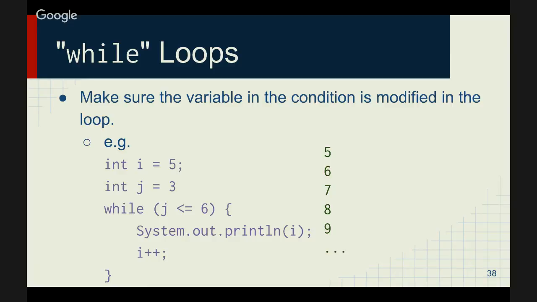So the problem, anyone else want to try for it? The problem is we're doing while j is less than or equal to 6. So we have i is 5. Yes, I do. But that wasn't what I was getting at. But you're totally right. Okay.